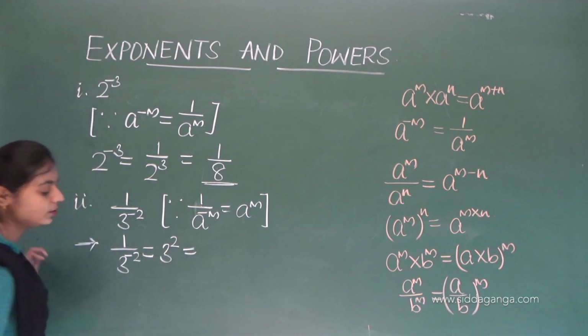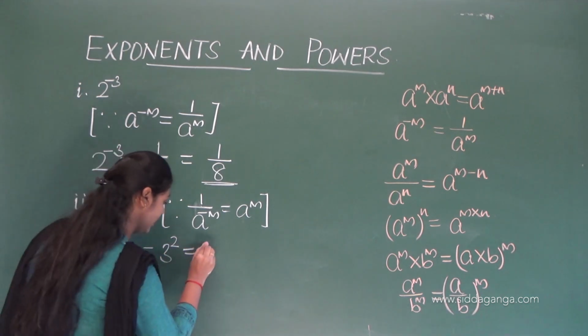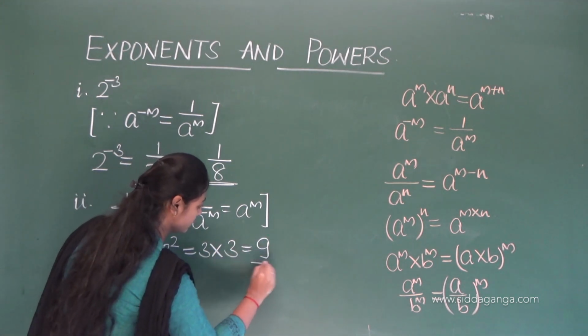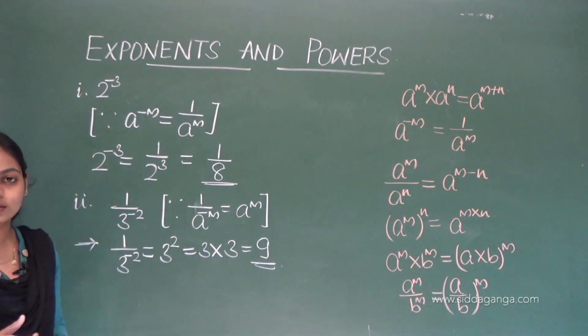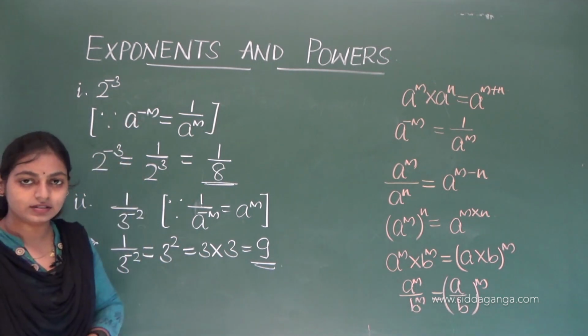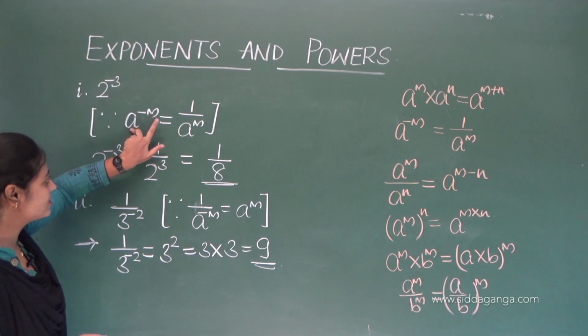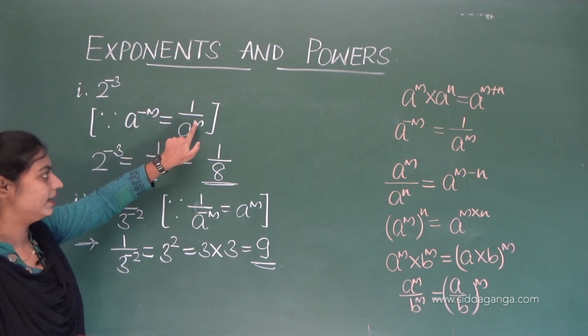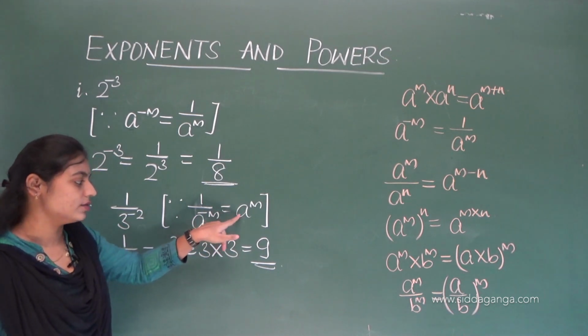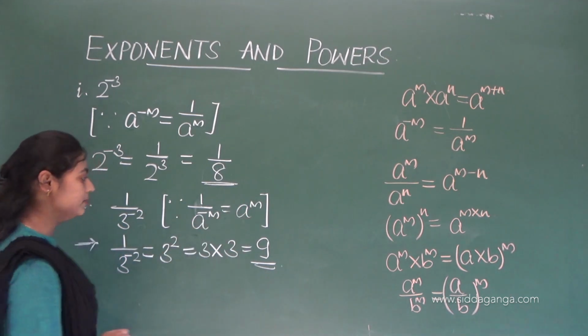That is equal to 3 square is 9, 3 into 3, 9. So when there is a negative exponent, you first convert it into positive. a raised to minus m is equal to 1 divided by a raised to m, and 1 divided by a raised to minus m is equal to a to the power of m.